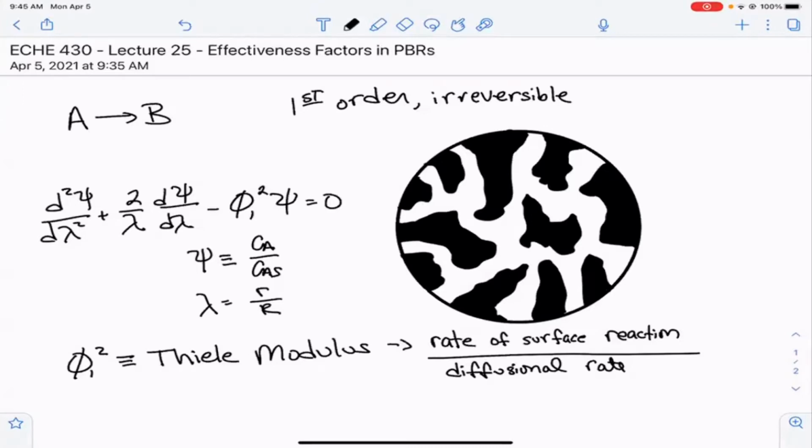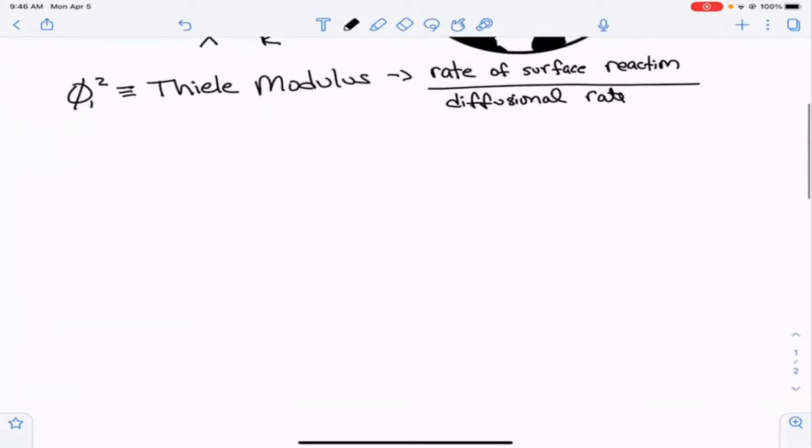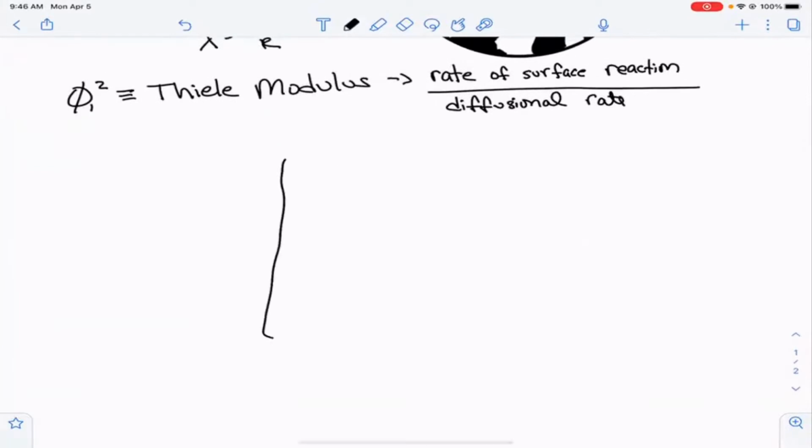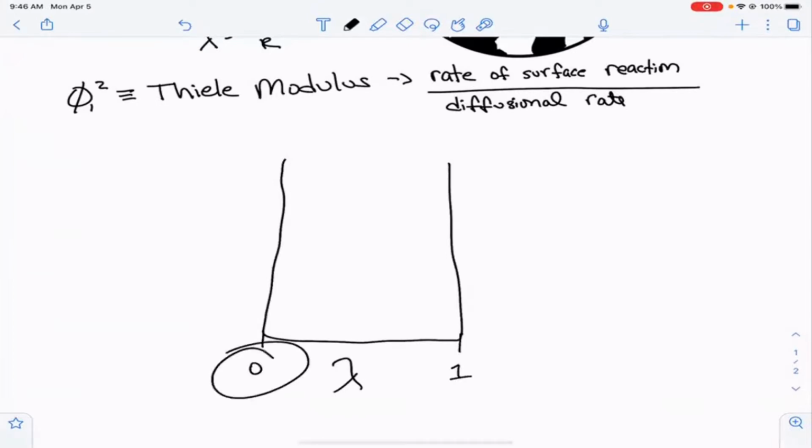And we had a conversation last time trying to visualize how the Thiele modulus, or the value, influences how well you are taking advantage of the internal active area. To do that, we drew a picture, and that picture had these bounds where lambda was bound by 0 and 1, because you can only go from the middle to the outer edge of the particle.